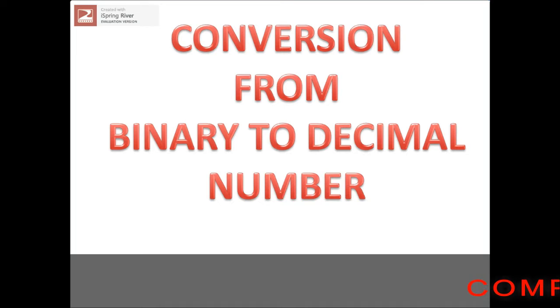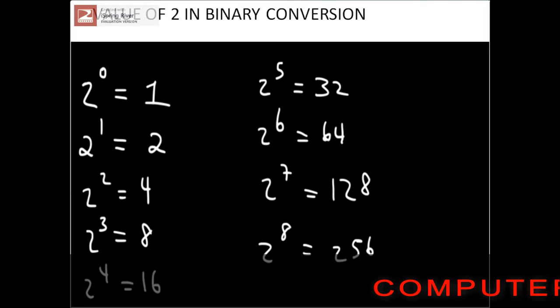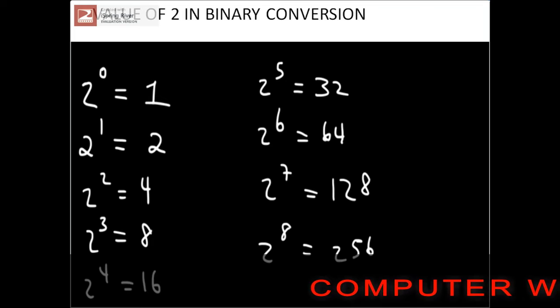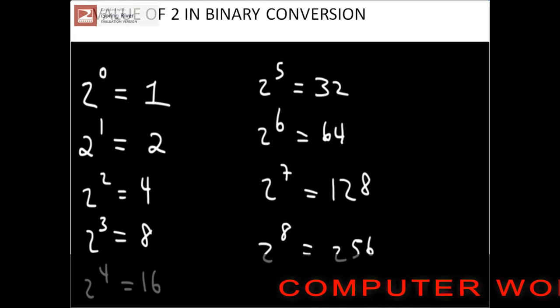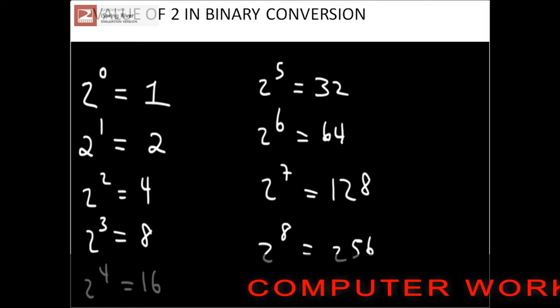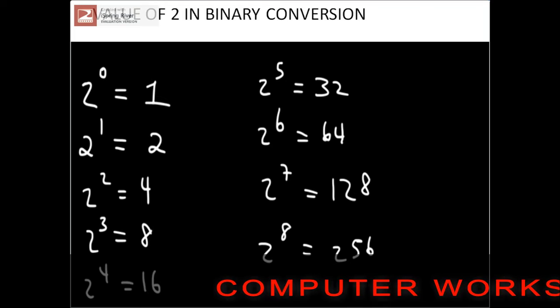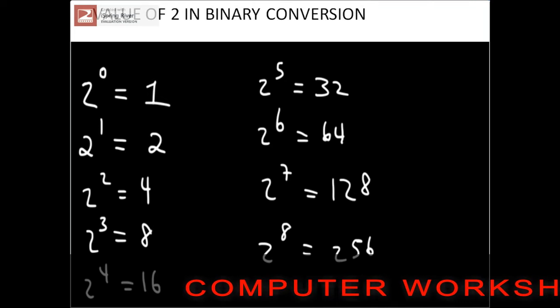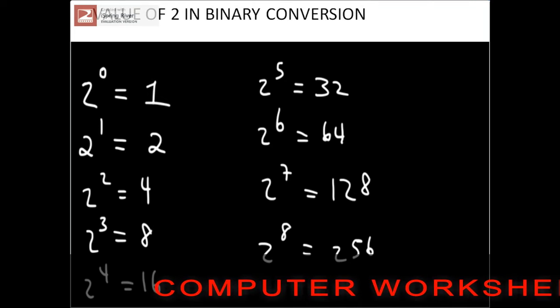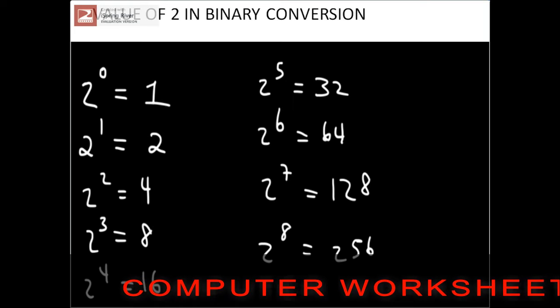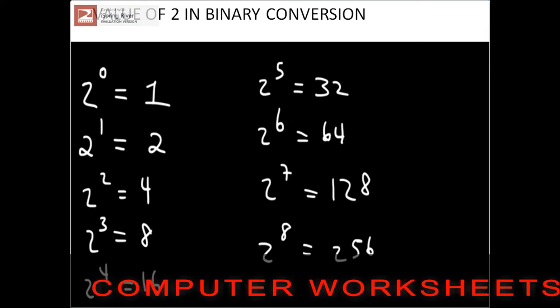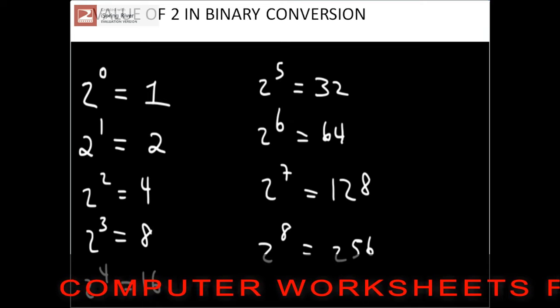Now we will discuss the conversion of binary to decimal number. First of all, we should know the powers of 2 and its values, as to convert the binary number system to decimal, we have to multiply each number with 2. So here is the values of 2 with its powers.